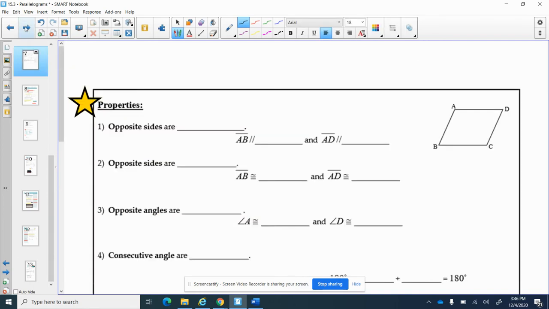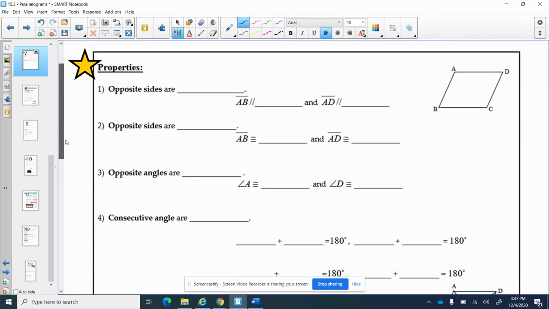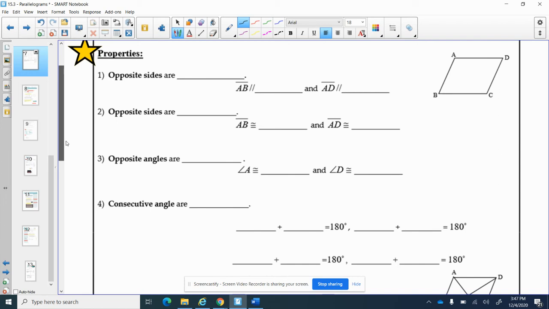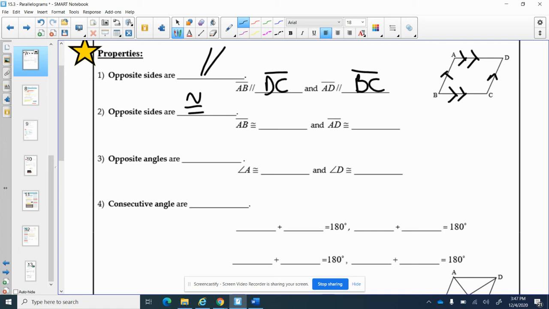So in summary, we want to talk about all 5 properties we've talked about today. Number 1 is that the opposite sides of our parallelogram are parallel, right? AB is parallel to DC, and AD is parallel to BC. Opposite sides are also going to be congruent to each other, right?